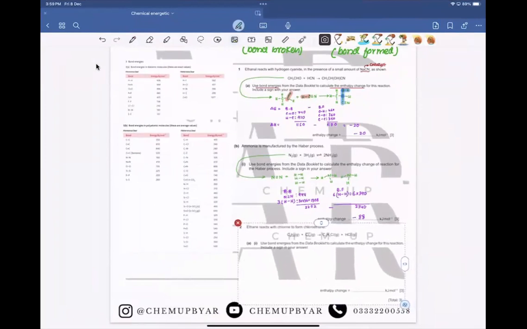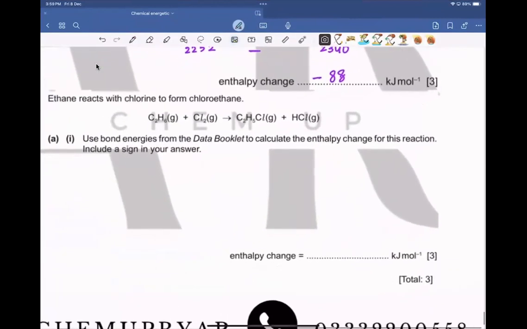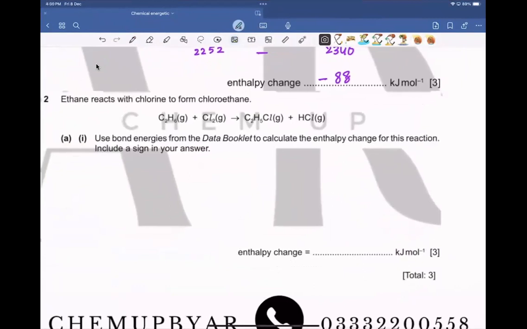Good. Now, keep this in mind. Carbon makes 4 bonds, hydrogen makes 1 bond, chlorine makes 1 bond. Draw this structure, everyone, and then calculate the enthalpy change as well. Okay, sir.